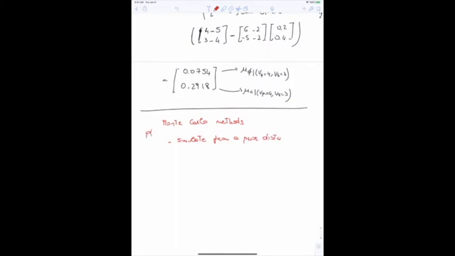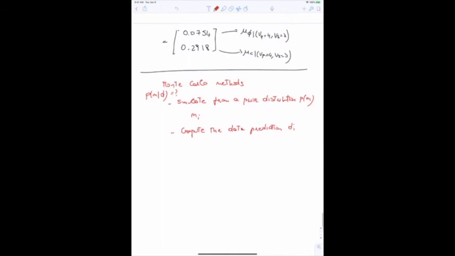So our goal is always to get P of M given D. To do that, we simulate from a prior distribution, P of M. So we get a sample that we're going to call M i. Then we compute the forward model, or the data prediction. So we get the data D i.